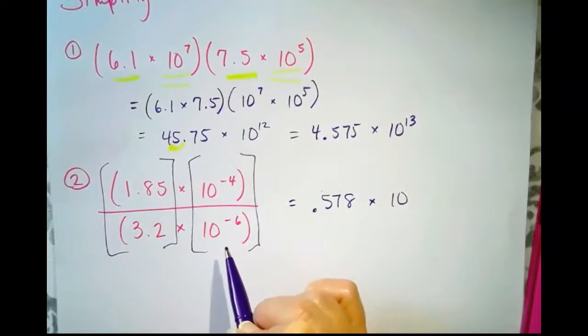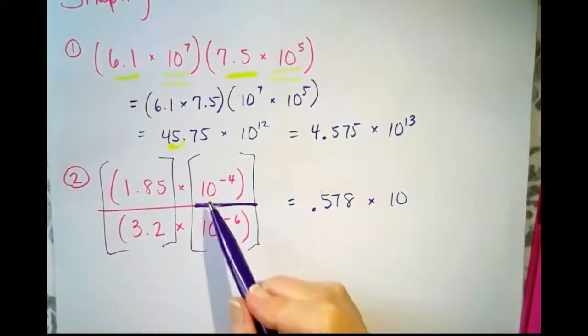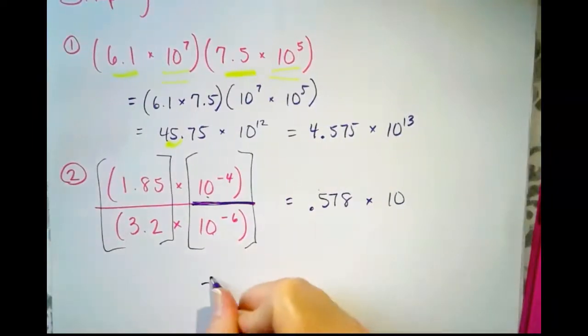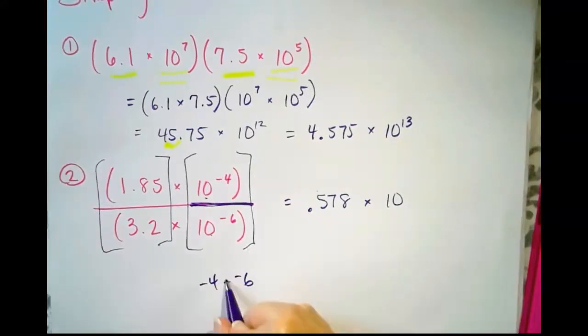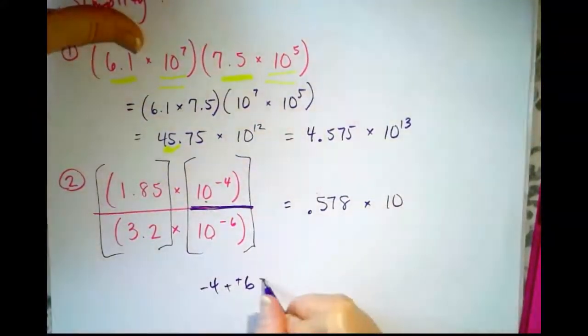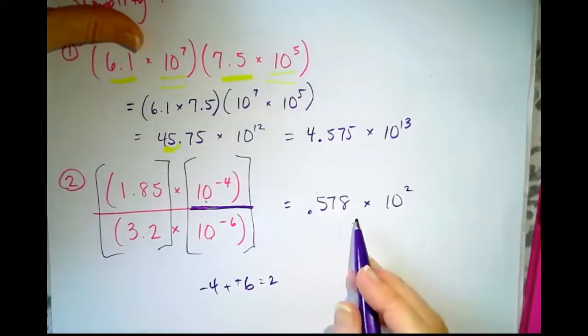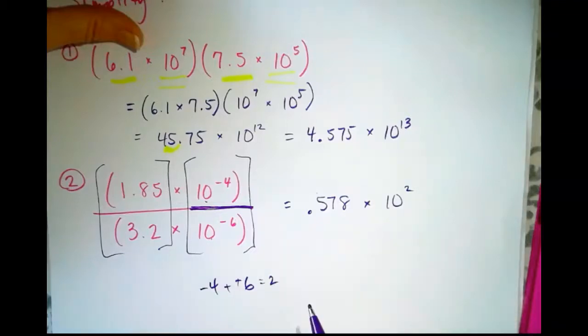Remember our quotient property for exponents. The bases are the same. We're going to subtract those exponents. So negative 4 minus negative 6, you need to write it and look at it. Negative 4 minus negative 6, negative 4 plus 6, that's 2. So we end up with 0.578, rounded to the nearest thousandth, times 10 to the second power.